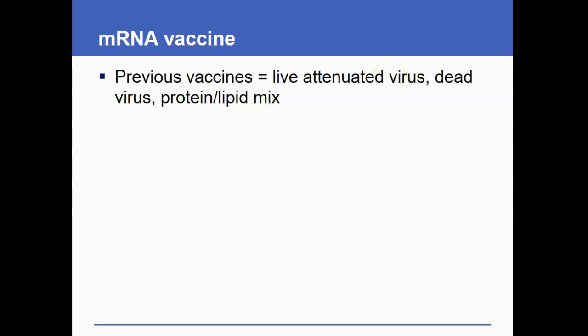So all previous vaccines that have been released are either live attenuated virus, where it doesn't cause disease, but rather just generates that immune response, or dead viruses, which are incapable of reproducing, but still generate those B cells and T cells, or just taking parts of the virus. So a dead virus would be the whole virus, but other vaccines just use a protein or just use some of the lipids from it to generate a response.